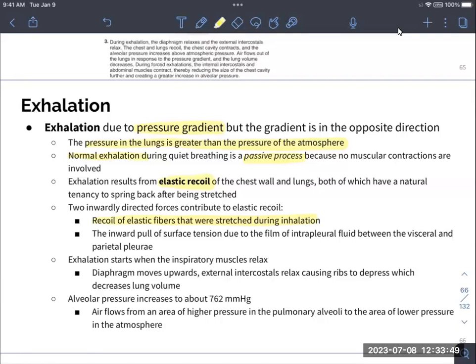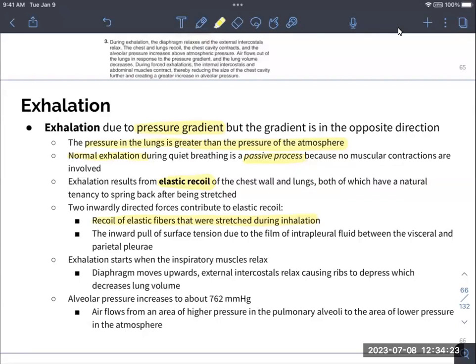That surface tension from that intrapleural fluid is also pulled in. When these inspiratory muscles relax during exhalation, that diaphragm goes back to its resting position. Those external intercostals go back to their resting position, which causes, again, those lungs to decrease in size.